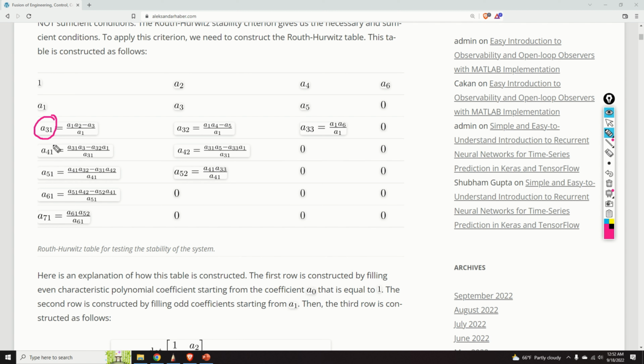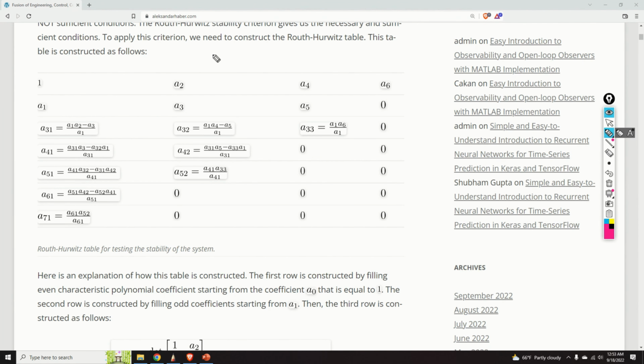So here is the graphical explanation of the idea for the computation of this coefficient. We take A1, we multiply A1 by A2, then we place a minus sign, then we take A3 and we multiply A3 by A0 and divide the result by A1.